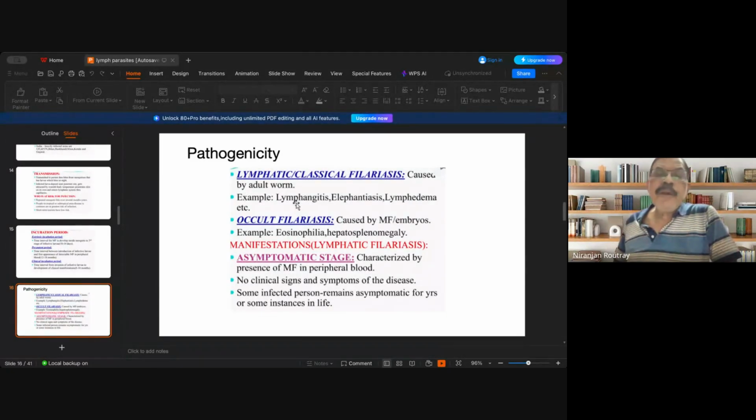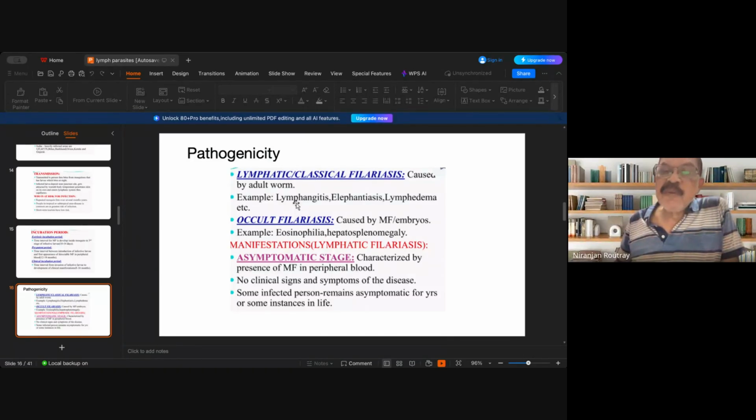So one may be suffering infection by the microfilaria. There is also an asymptomatic stage, meaning when the person is suffering, they do not show any symptom. It is characterized by the presence of microfilaria in peripheral blood. No clinical symptoms or signs of the disease are observed. Nothing. They just behave normally.